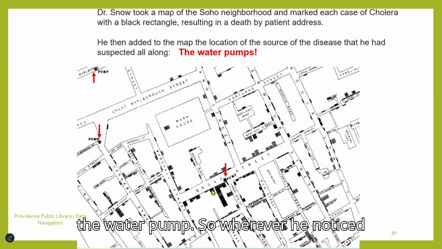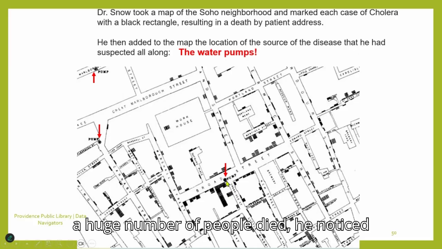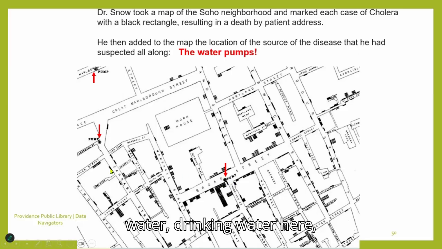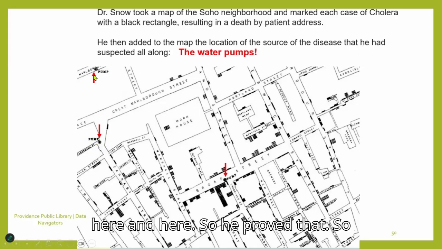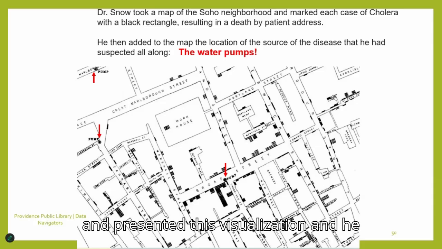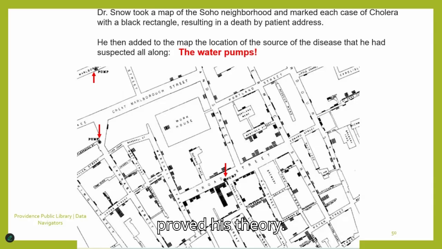Wherever he noticed a huge number of people died, he noticed the water pump was there. See, drinking water here, here, and here. So he proved that there was some issue with the water. So that was the reason for the deaths. He analyzed and presented this visualization and he proved his theory.